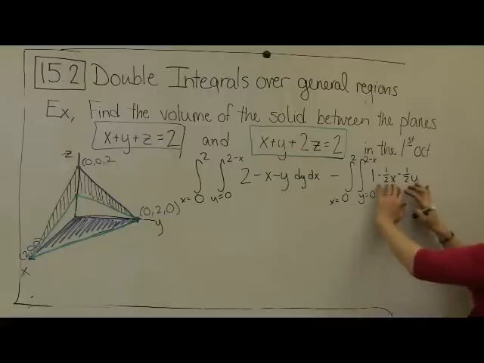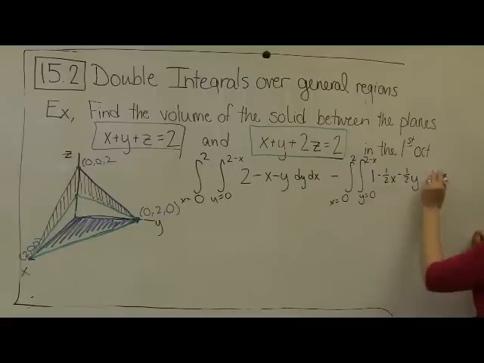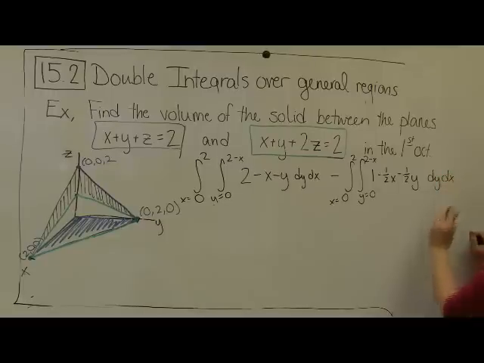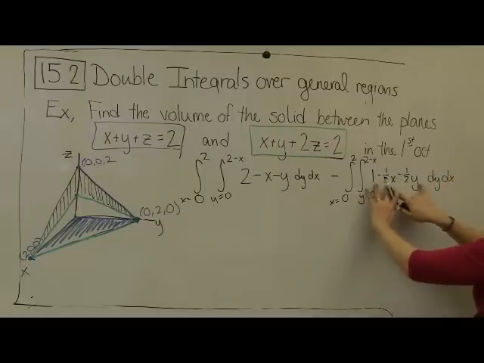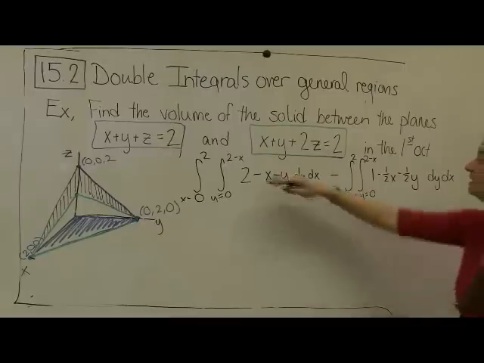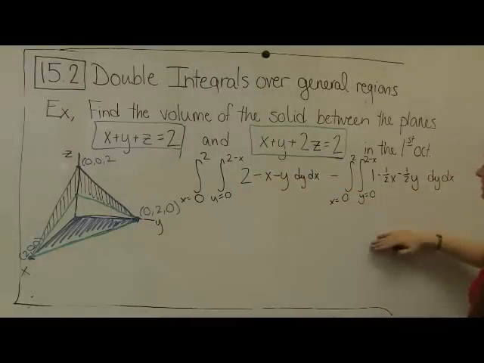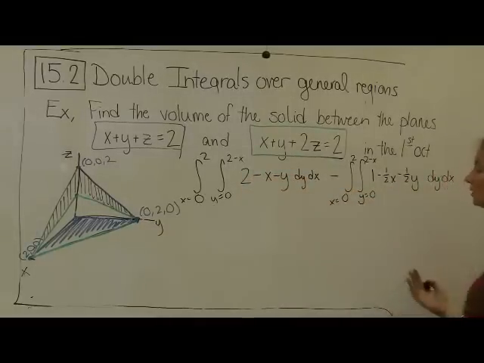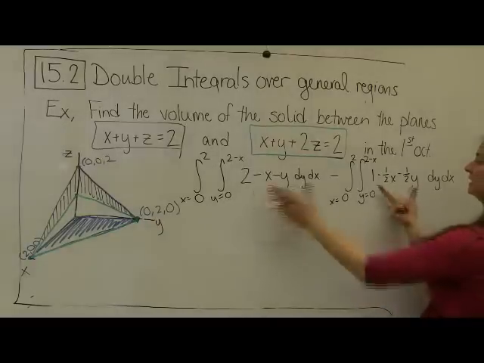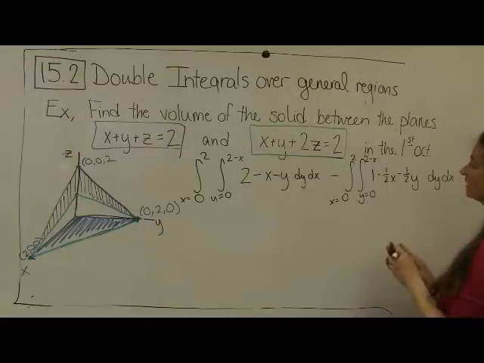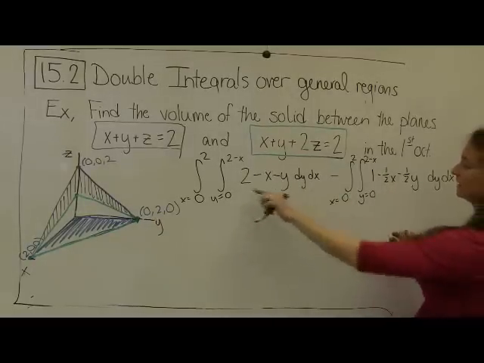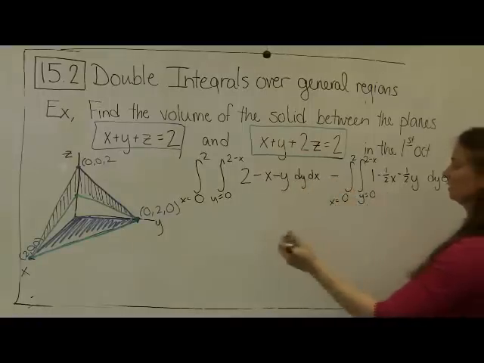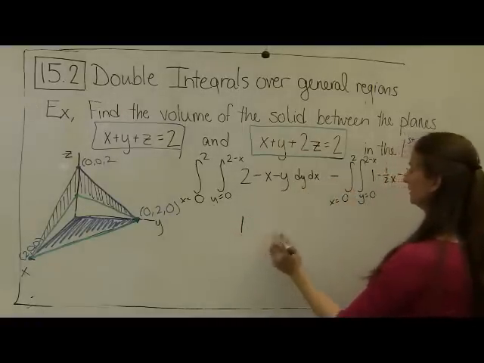So I'm going to combine this into one single integral, dy dx, by taking the interior and subtracting each of the pieces. I could compute this integral and then this integral and subtract them, or I could think of subtracting and then integrating. If I subtract and then integrate, I'm getting 2 minus 1, which gives me 1.